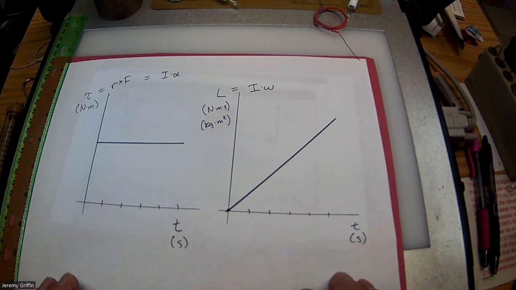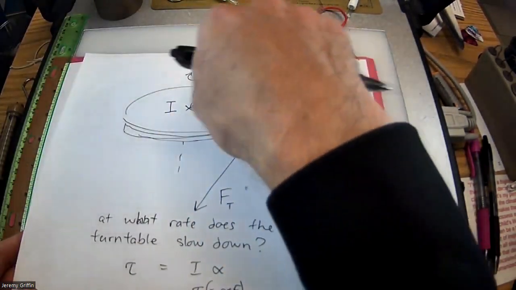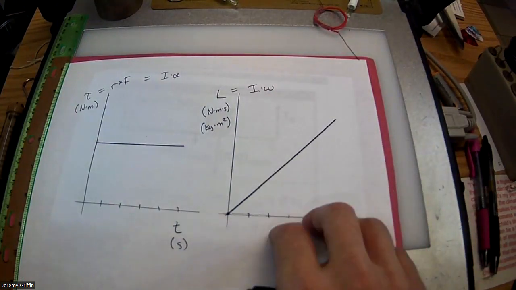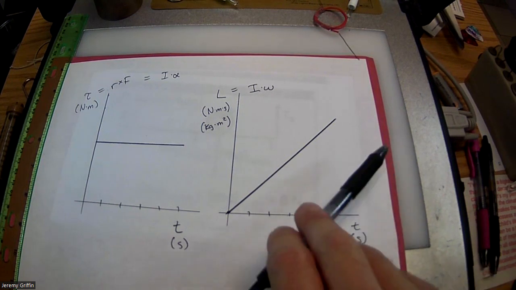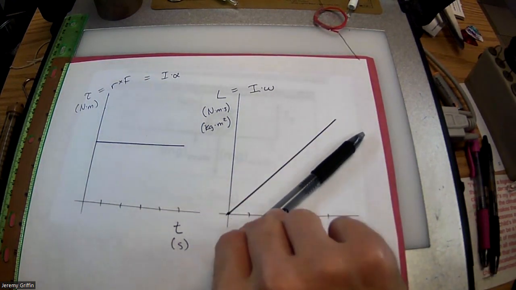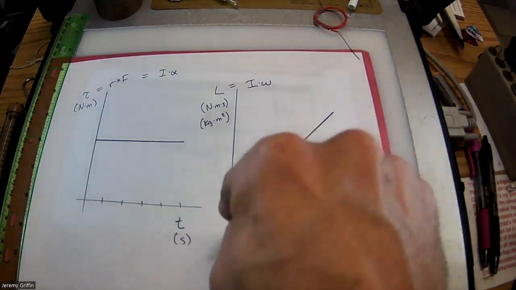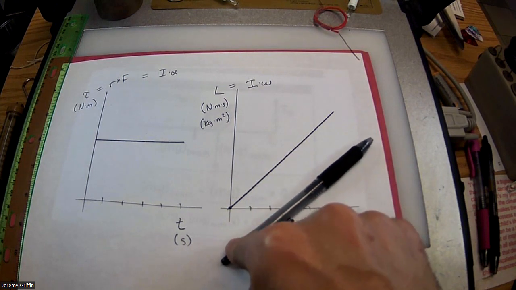Now, what if I go back and change some things? Originally I had this rotating in the clockwise direction and I'm pulling counterclockwise. How would that change this graph if it was originally rotating backwards? You could take this whole line and just shift it straight down, because it would have a negative angular velocity to start with since it's going the backwards direction.